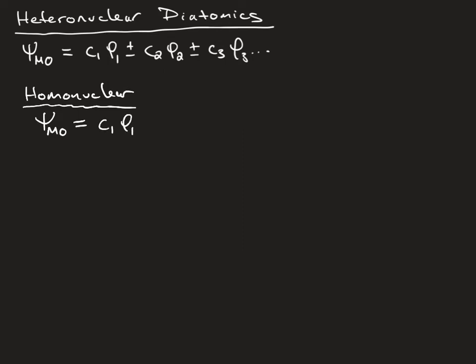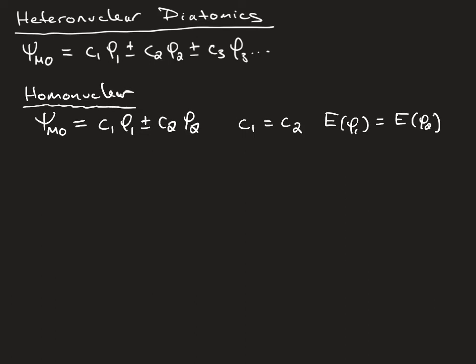So C1 phi1 plus or minus C2 phi2. In this case, C1 equaled C2, and the reason for this was because the energy of our atomic orbitals were identical when we were combining these together. Therefore, you had equal weights of each atomic orbital into the overall molecular orbital.